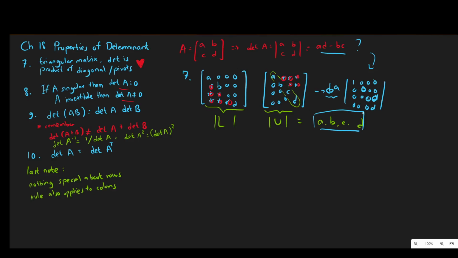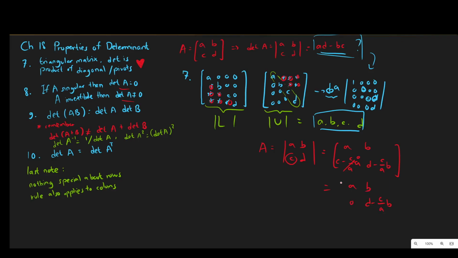And actually this is also where the 2 by 2 formula comes from. Let's have A, B, C, D, and we want to eliminate the component C here. We multiply the first row by the ratio C over A and subtract it from the second row. The component D becomes D minus C over A times B, and C goes to 0.